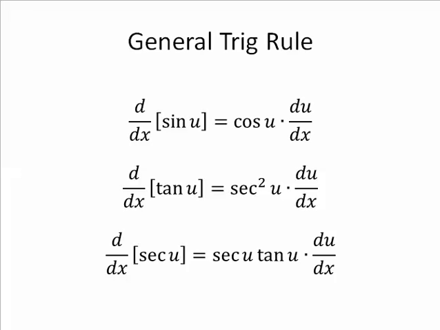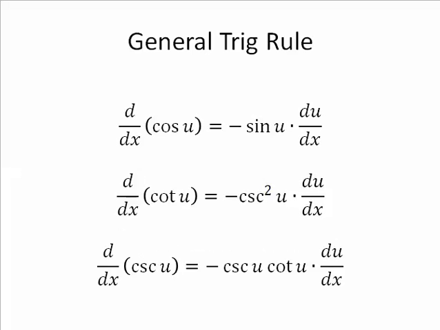If it's the derivative not of sine of x, but sine of u, where u is some function, the derivative is going to be the cosine of that function times the derivative of that function. And the same idea with tangent and secant. And of course, you can expand this to cosine, cotangent, and cosecant. Change all of your trig rules into general trig rules.